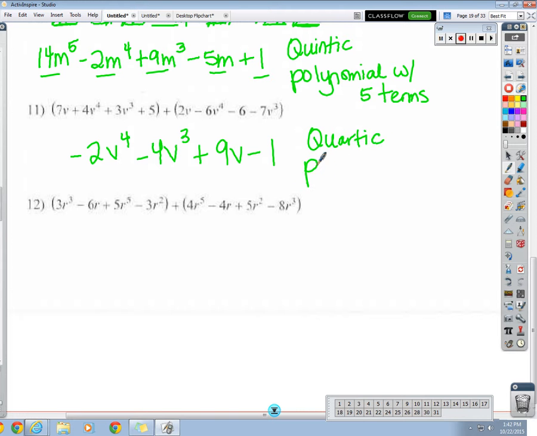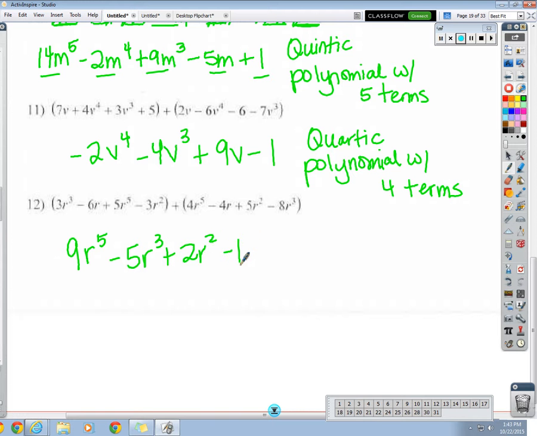Right, quartic polynomial with 4 terms. Okay, what about number 12? What did y'all get? Right, is that what everybody got? Okay, what do we name that one? Right.